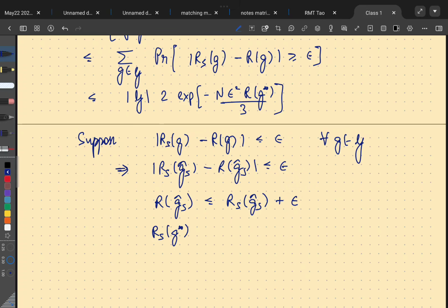RS of G star minus R of G star should also be less than or equal to epsilon, because G star also belongs to the hypothesis class. So this means that RS of G star is also epsilon close to R of G star plus epsilon. Okay, is this fine?